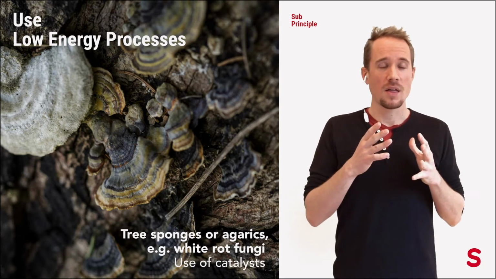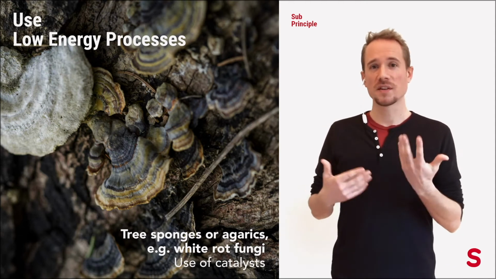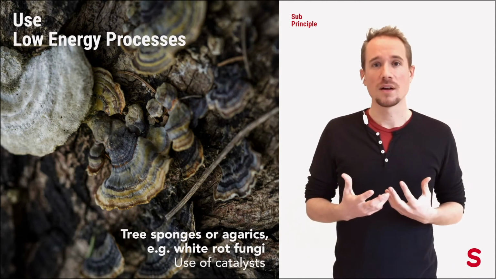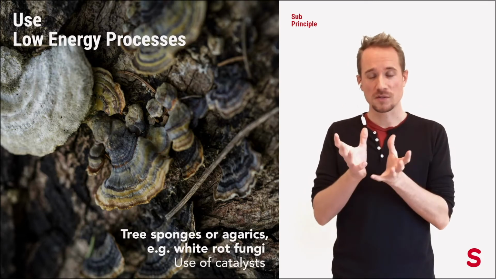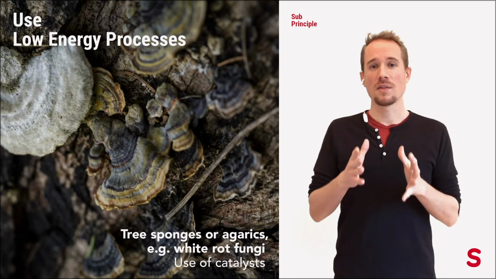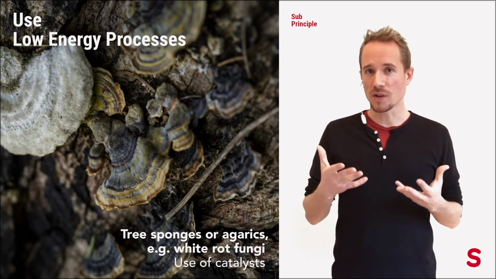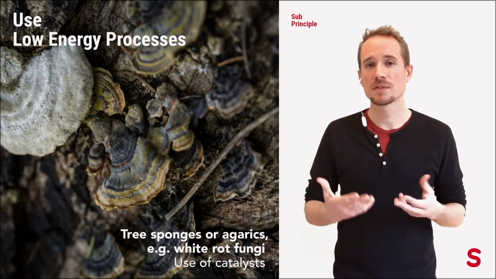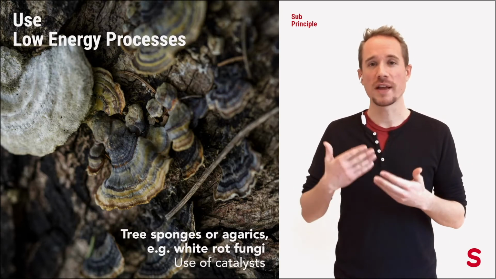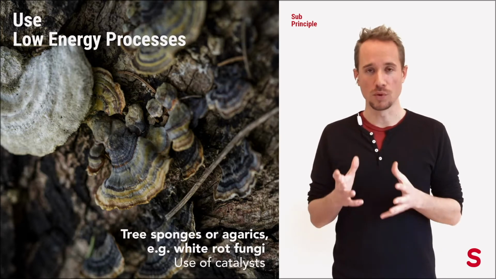And these tree sponges are able to process and digest lignin, the molecules in wood. They do this by using enzymes that help catalyze this chemical reaction to process the wood.